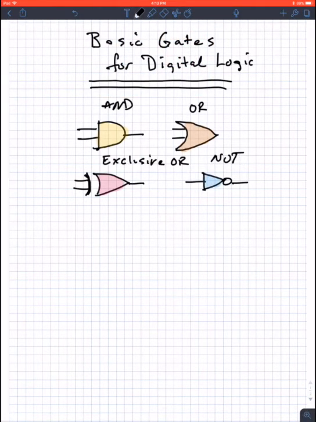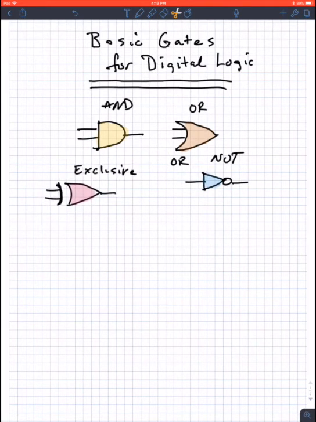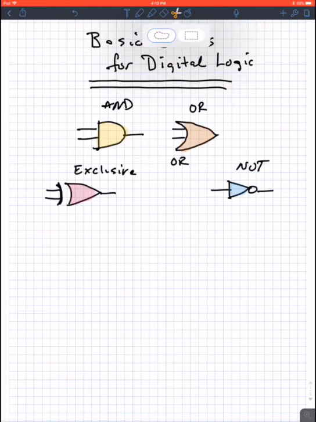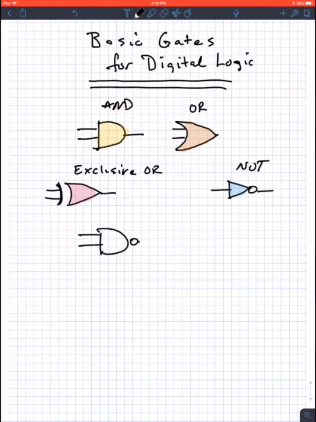Okay, there's also gates that have the same basic shapes, but you invert the output.